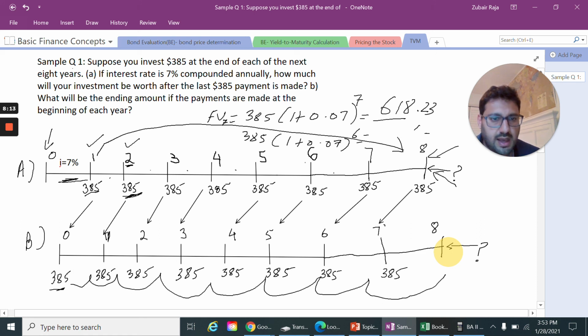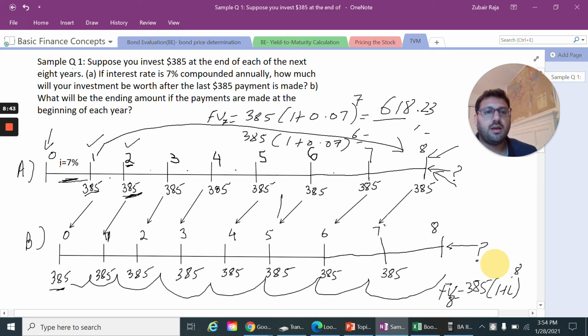I will multiply 385 into 1 plus the interest rate raised to the power 8, right? So let's see, over here, the future value of the first cash flow after 8 periods will be 385 into 1 plus the interest rate, which is 0.07, raised to the power 8, right?